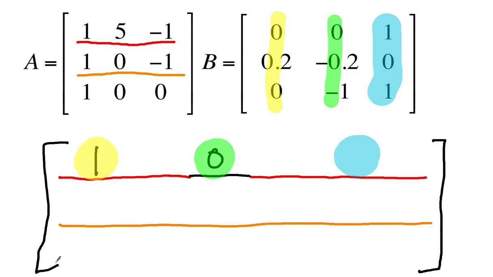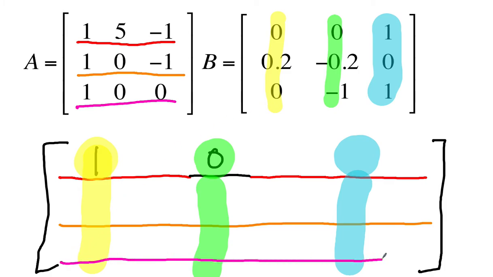When I multiply it times the columns, I'm going to end up getting yellow through here, green through here, and blue through here. And when I do the last row, I'll do that in purple. Then it's going to give me a purple row with each of these elements.